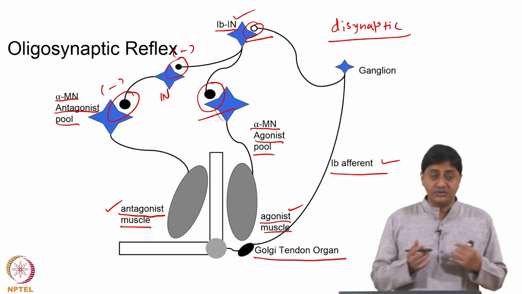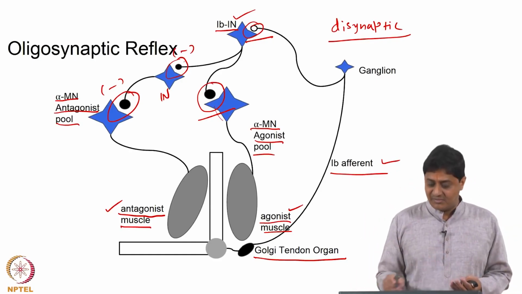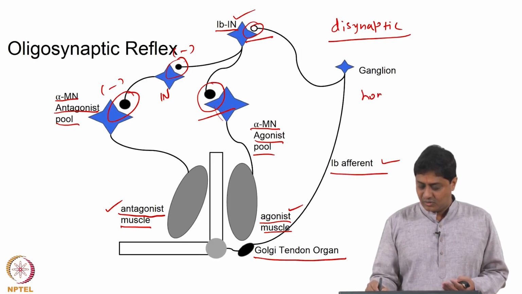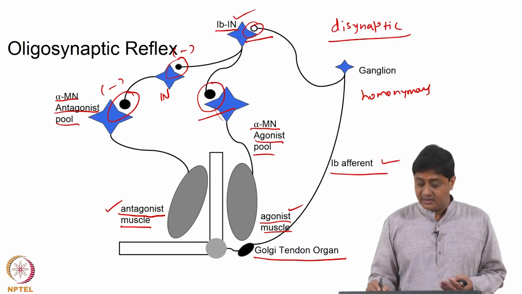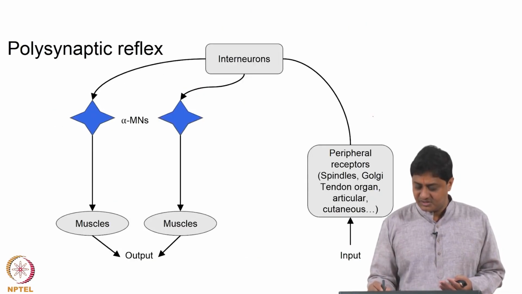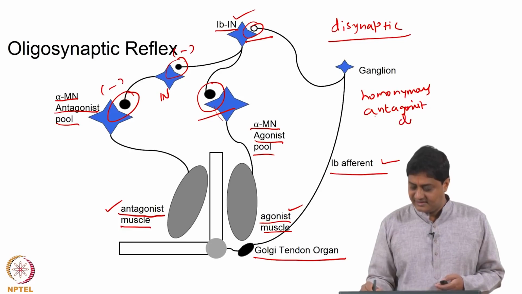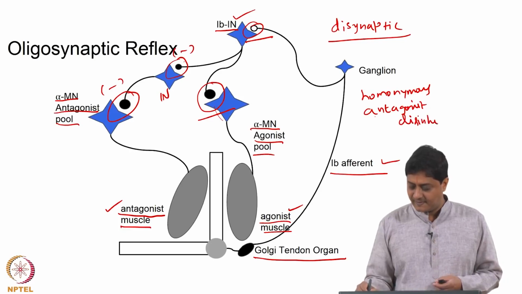So, there are two things that the 1B interneuron does. It inhibits the same muscle, the homonymous muscle, and it disinhibits the antagonist or heteronymous, we will just say antagonist. So, it is not confusing, antagonist is disinhibited. Okay.